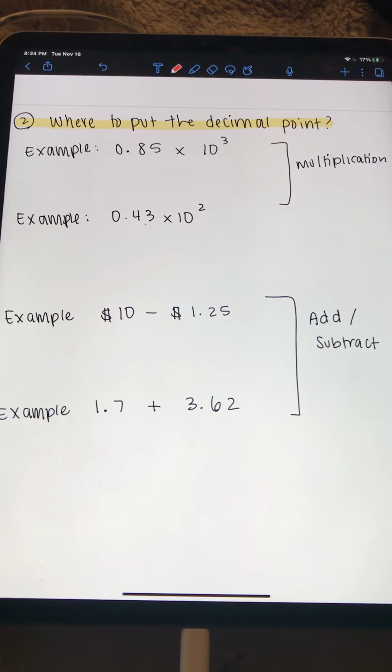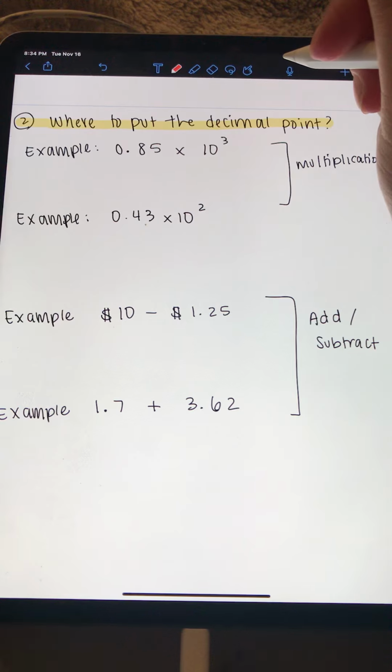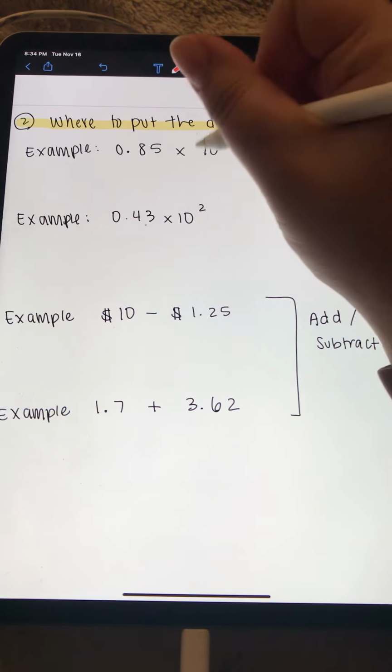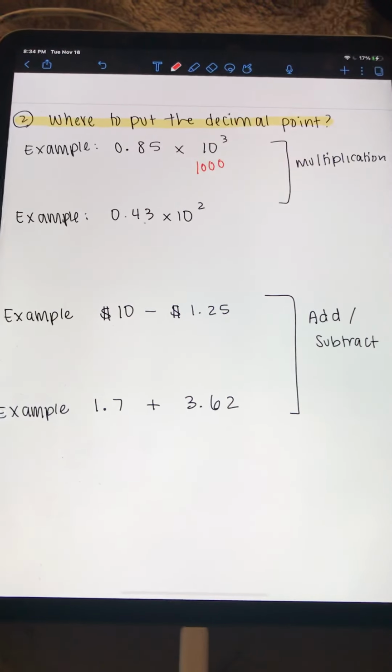Okay, now let's move on to where are we going to put the decimal point. So let's look at multiplication. When we were doing examples with exponents, I noticed that what you like to do is convert the exponent or multiply out the exponent. So you would say, oh, 10 to the 3. You would ask me, is that equal 1,000? And I would say yes.